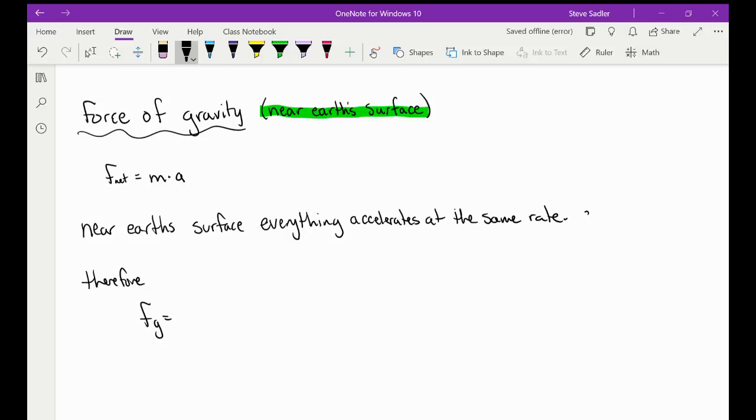And that acceleration, let's write that a little nicer, that acceleration is 9.81 meters per second squared. And we've learned that in our kinematics unit. That is actually a constant, which is really awesome.